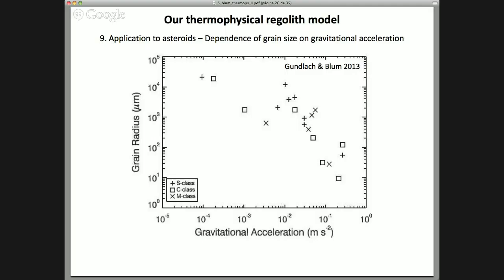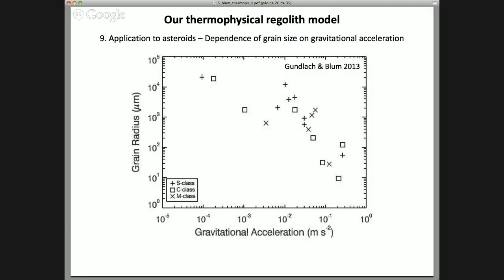The higher the escape speed, the easier it is for the body to recapture the complete set of formed regolith particles, which is very hard for the small bodies to do. They only recapture slower particles, which on average are the larger particles. So this is the explanation without having modeled.